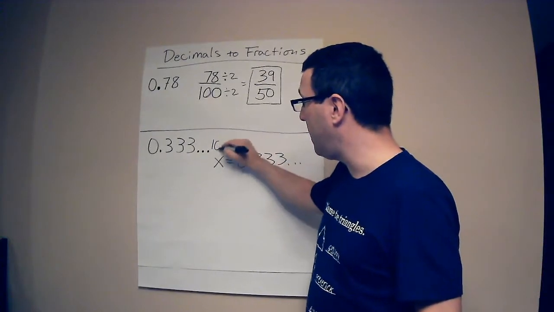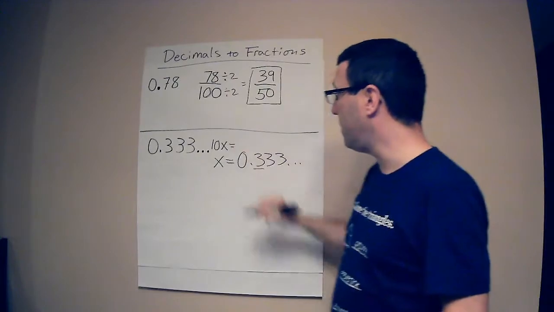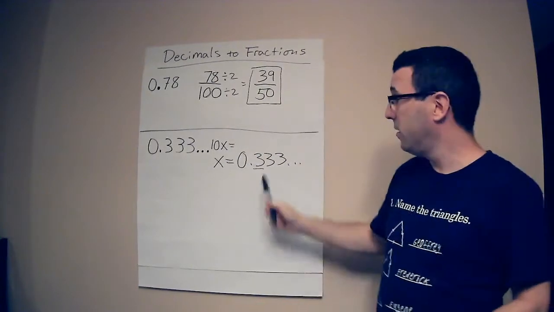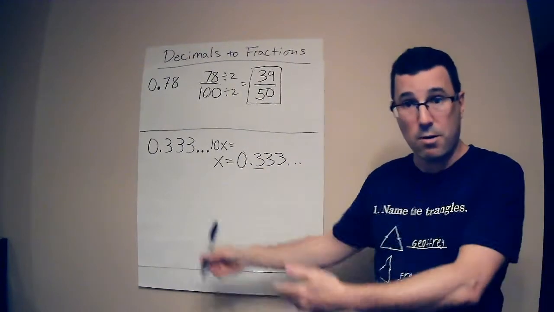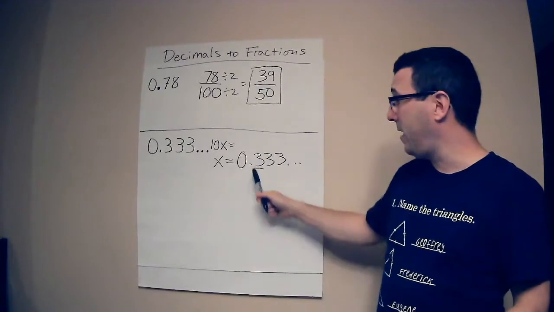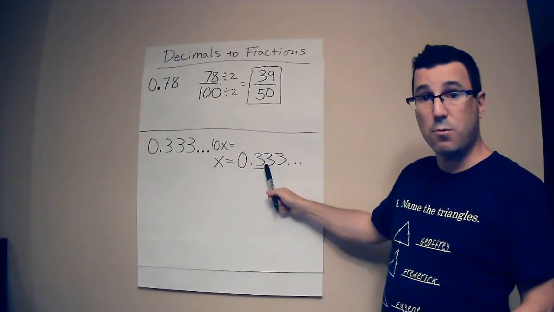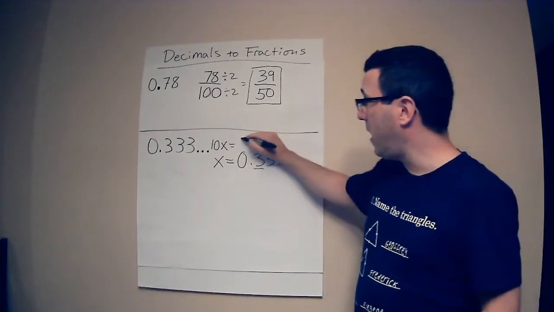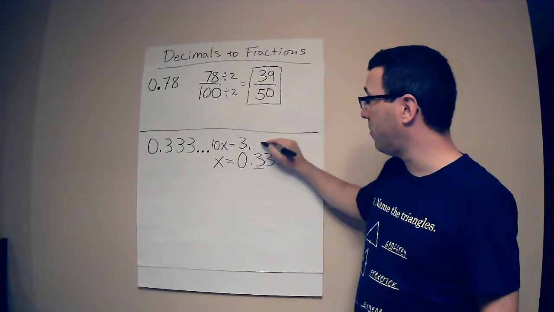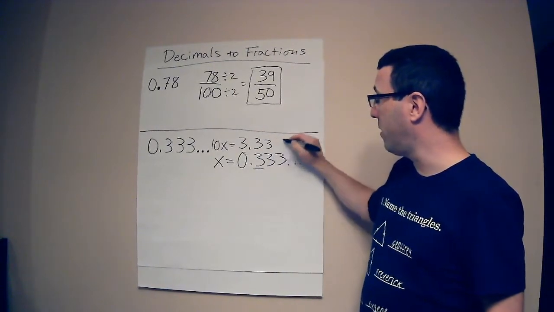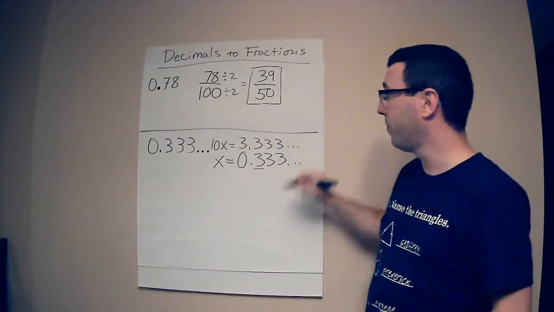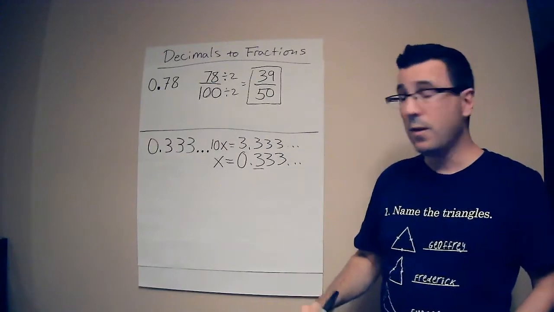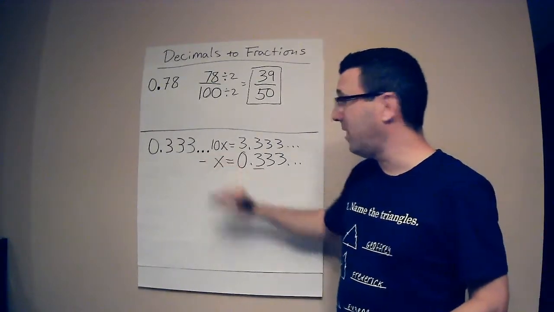So I'm going to do 10x equals 0.3333 repeating. When I multiply that by 10, it moves the decimal place one place to the right, and now I'll have 3.333 repeating.